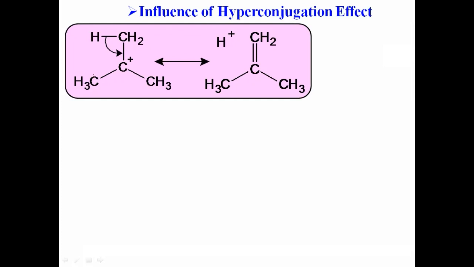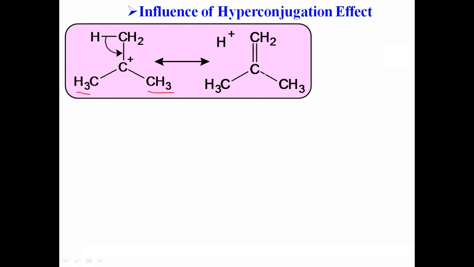Similarly, there is one more methyl group, which means there are 3 C-H bonds, and their electrons are released. That electron pair also goes towards the electron deficient carbon. We get the same type of hyperconjugation structure. Then there is another methyl group, which means there are 3 C-H bonds. Again, there is a release of electrons from those 3 C-H bonds, and again a new hyperconjugation structure is formed, similar to this one.